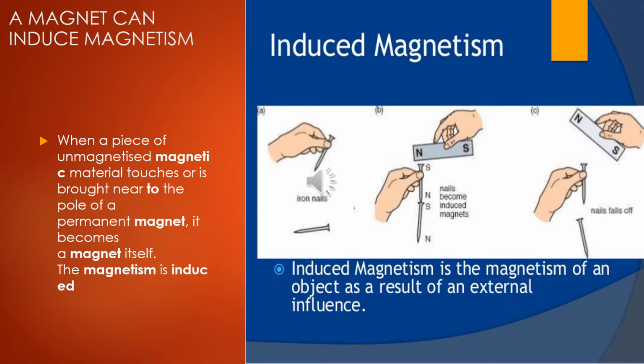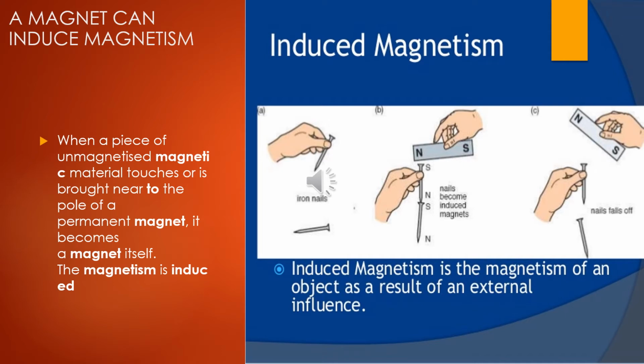A magnet can induce magnetism. What does it mean? Suppose I take an unmagnetized material and bring it near or touch it with a permanent magnet. Then this unmagnetized material becomes a magnet.